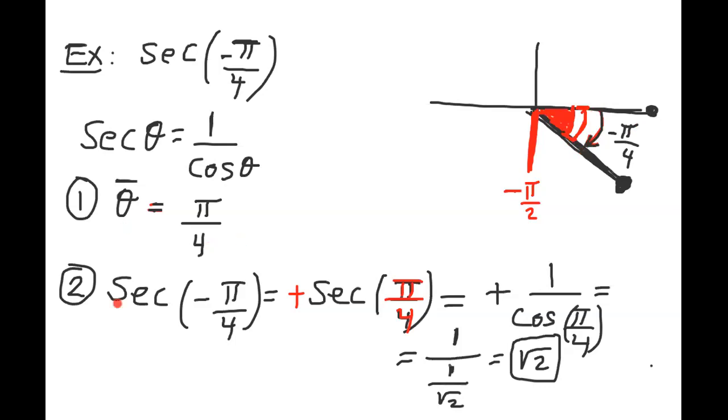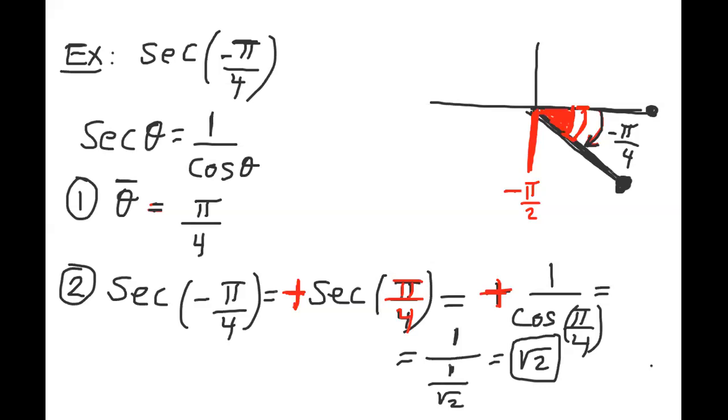Now you apply the same things like before. The secant of minus pi over 4, because we are in the fourth quadrant, the secant is the same as the cosine. The cosine in the fourth quadrant is positive, so the secant will be positive. So positive secant pi over 4 is equal to positive 1 over cosine pi over 4, because the secant is the reciprocal of the cosine.